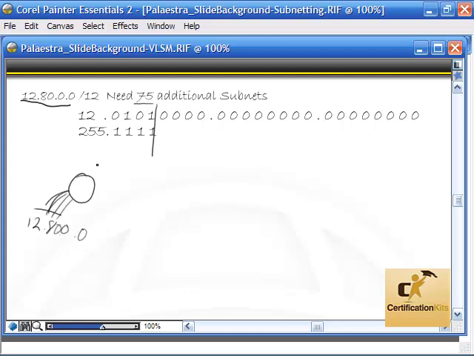What happens is the rest of the network will be using a /12. This part of the network will be using something different. So all we have to do is the same thing as with normal subnetting. Figure out how many binary spaces we need to get 75 combinations of zeros and ones. And how I do that is I just start multiplying some 2's out.